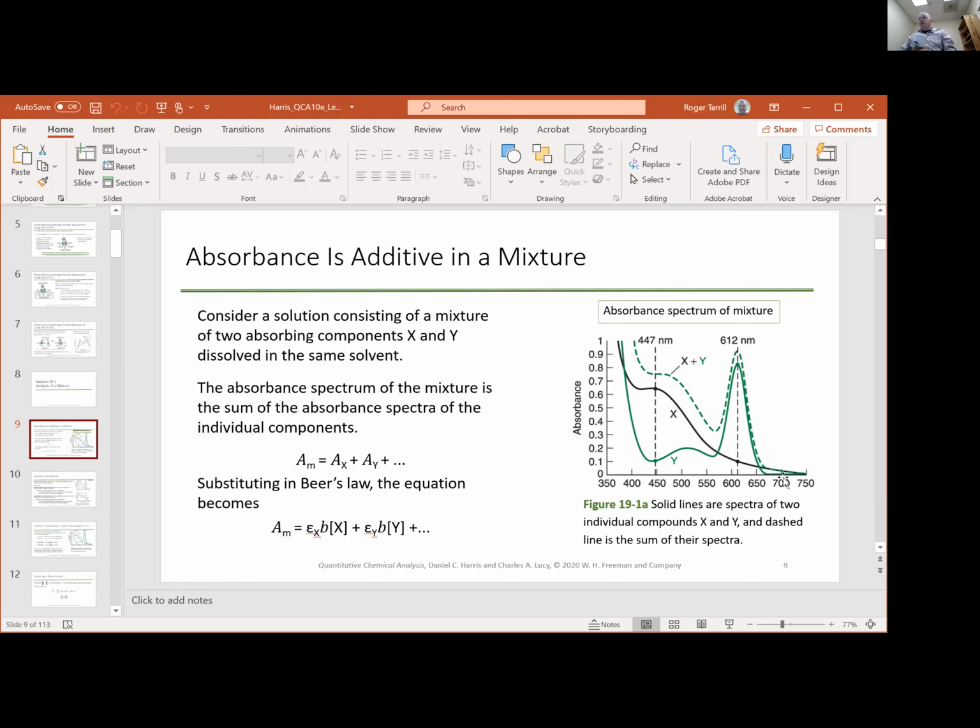That extinction coefficient at 700 is nearly 0, right? So the mixture and the X component have the same value here, right? So that tells you that whatever standard X you had here, you have that same concentration in the mixture. Does that make sense? That should make sense to you.